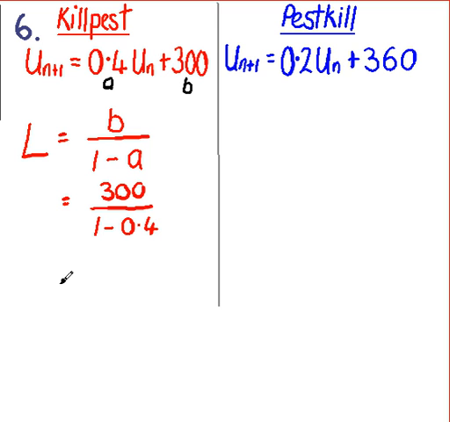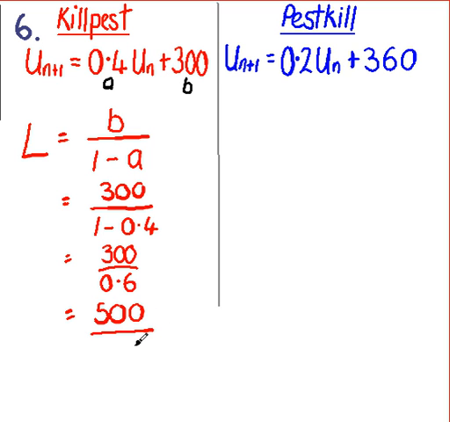That gives us 300 divided by 0.6, and 300 divided by 0.6 equals 500. So the amount of pests remaining in the long term with Kilpest is 500.